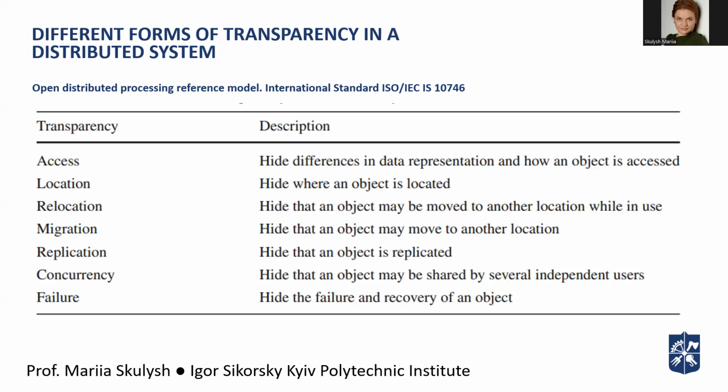Concurrency means that end users shouldn't know how computational resources are shared between tasks, or whether there are enough resources for this subscriber or that subscriber. Also failures should be hidden, and the system should have a mechanism to recover all objects.